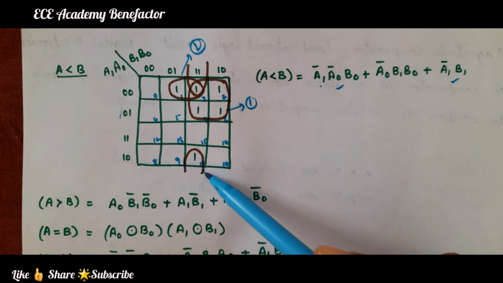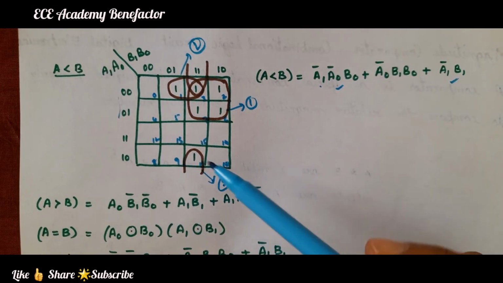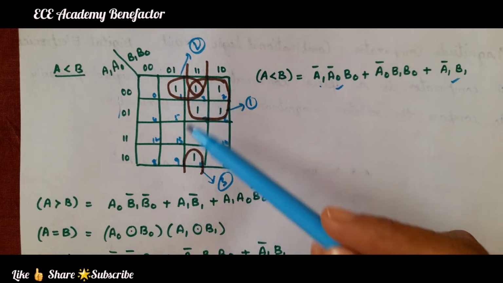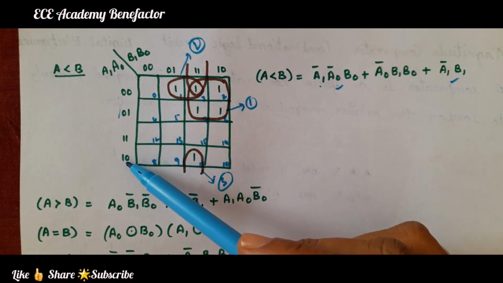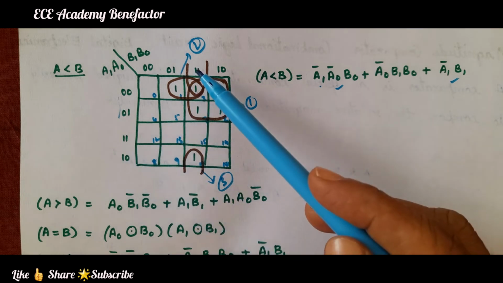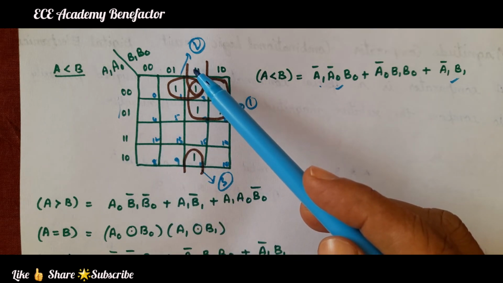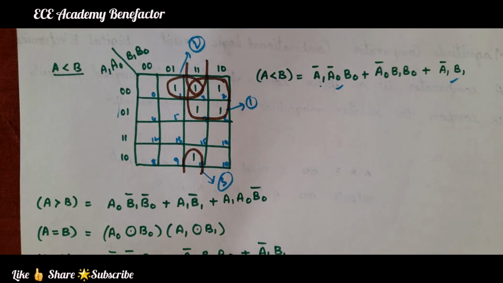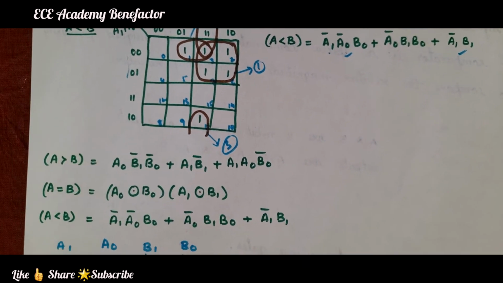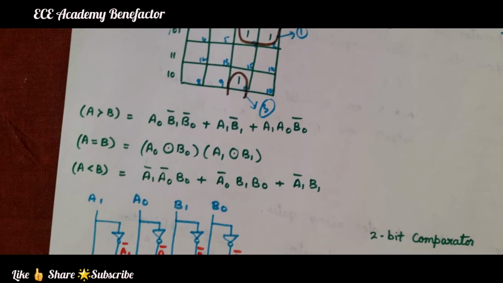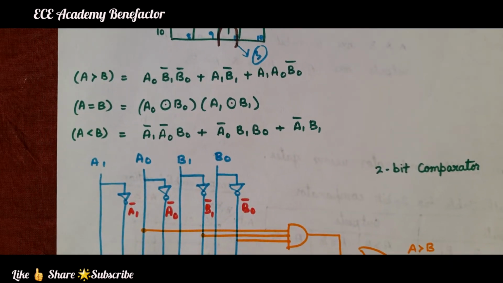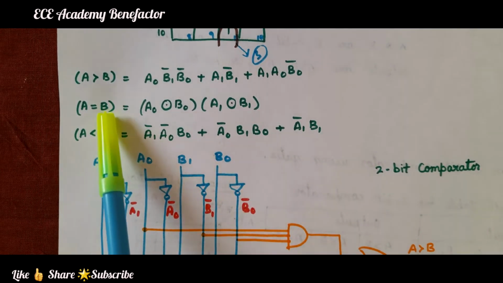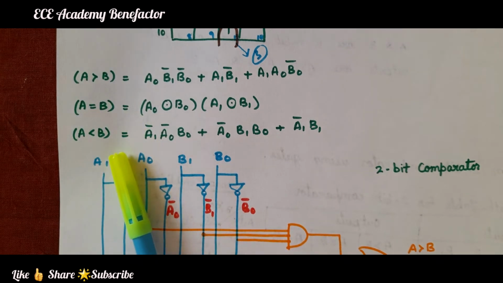Okay, now for this third pair, in these two rows what is common? 0 is common. 0 means A0 bar. In this column, 1 1 is common, so it will be written as B1 B0. So what is written? A0 bar B1 B0. In this way we got the output expressions for these three conditions: A greater than B, A equal to B and A less than B.